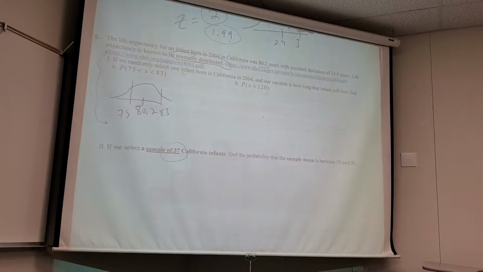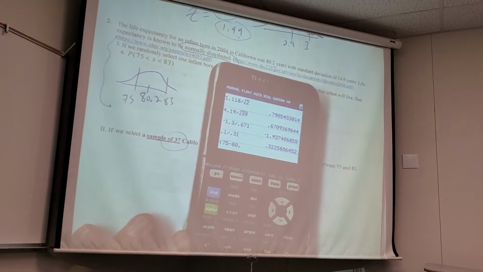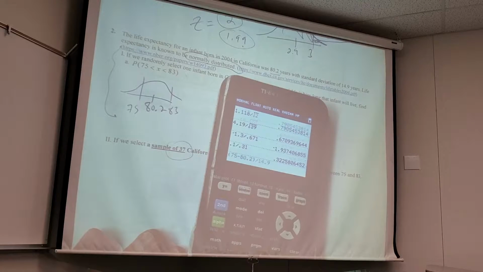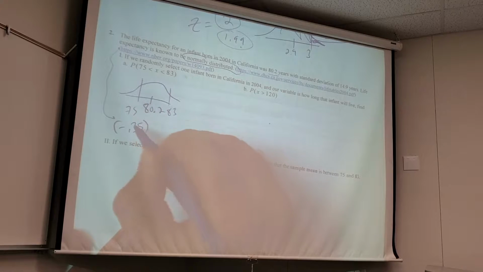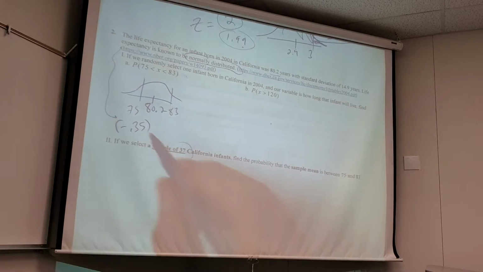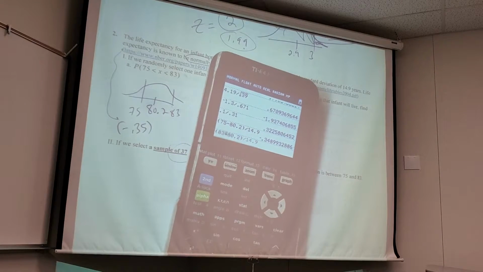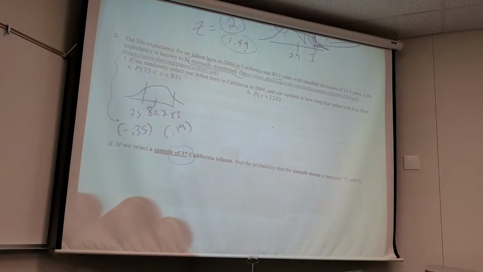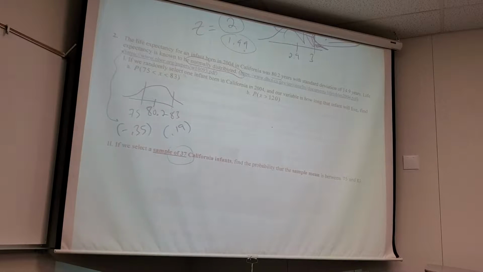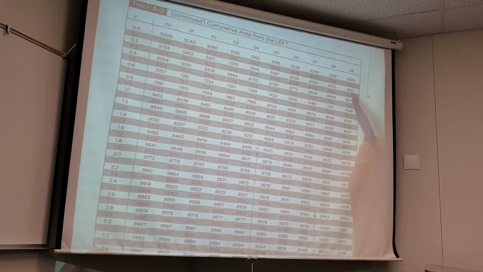So to cut to the chase, 75, I get negative 0.35. So you got the z-score for 75. And then for 83, I get 0.19. I like it. And then of course you look up the areas, you subtract them so you can get the area in the middle. 0.19 has an area of 0.5753.